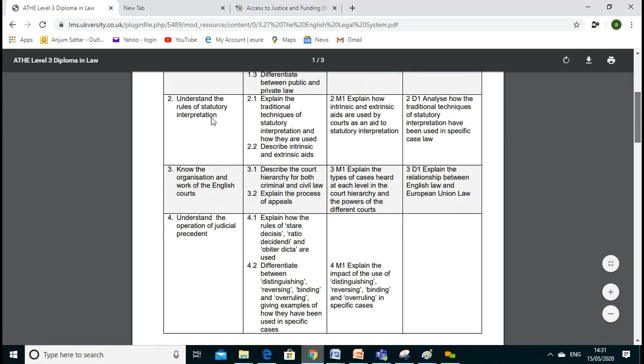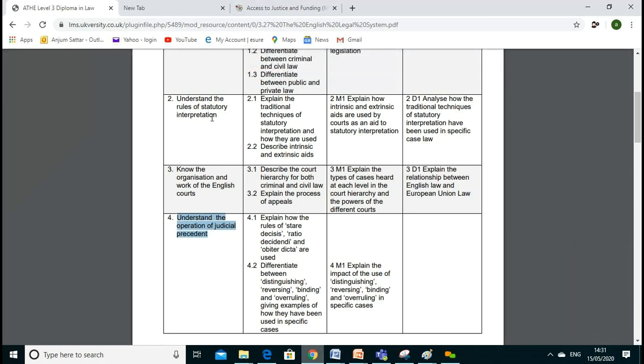Today's lesson will go through LO4, learning outcome 4, understanding the operation of judicial precedent. We'll explain the rule of stare decisis and the ratio, and then we'll go through obiter, what is meant by these terminologies.